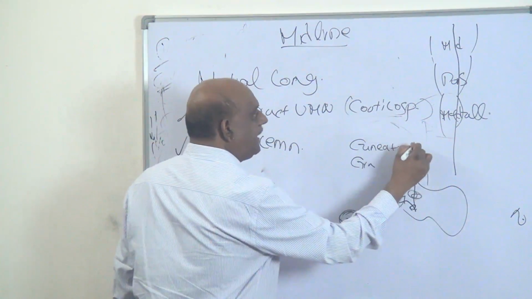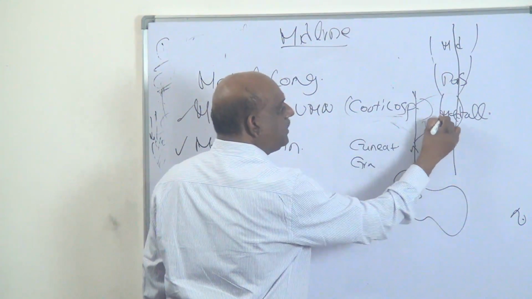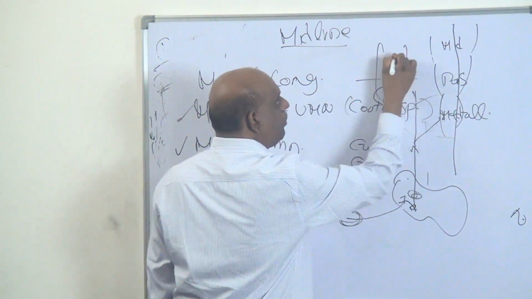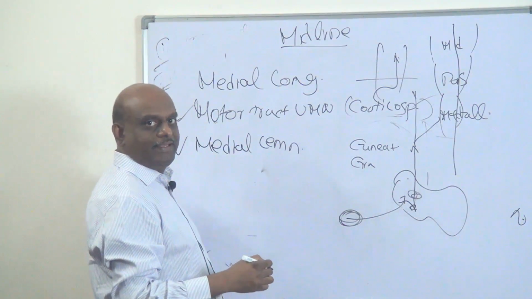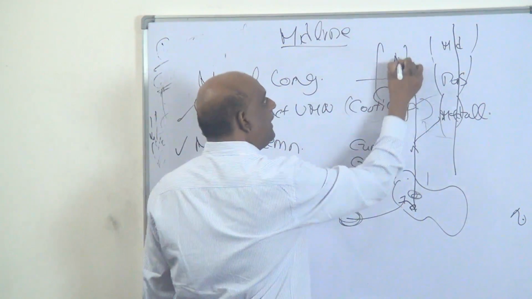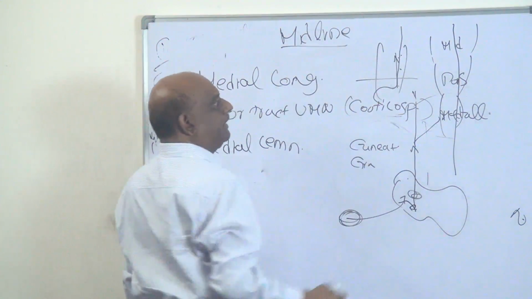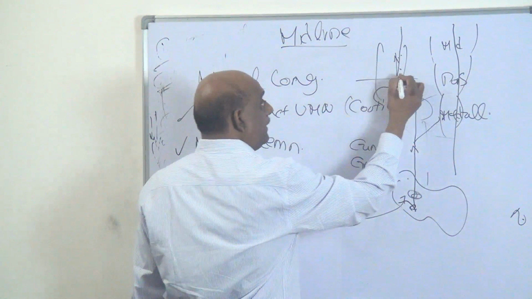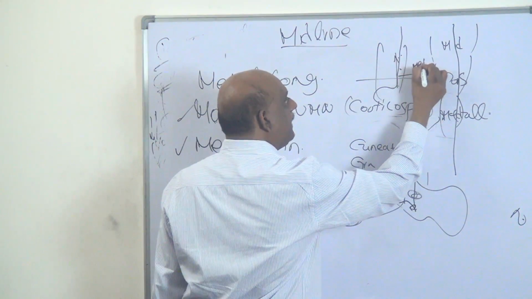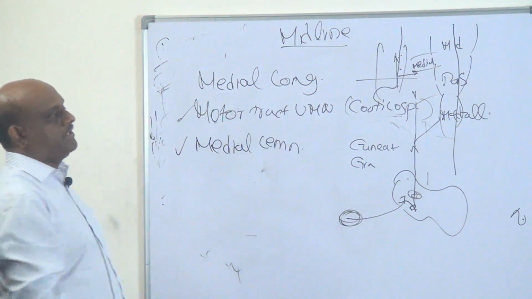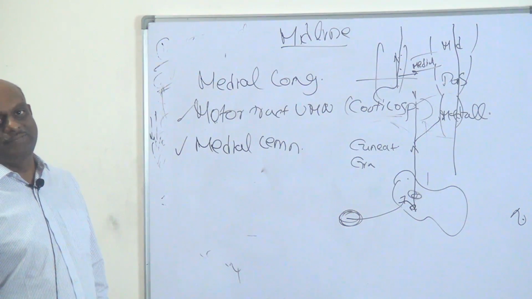And they typically reach the lower medulla. Once they reach the lower medulla, there they go to the opposite side, right? And while they are traveling opposite side from medulla to pons to the midbrain, that is called medial lemniscus. So medial lemniscus is also a midline structure, is what you need to remember.